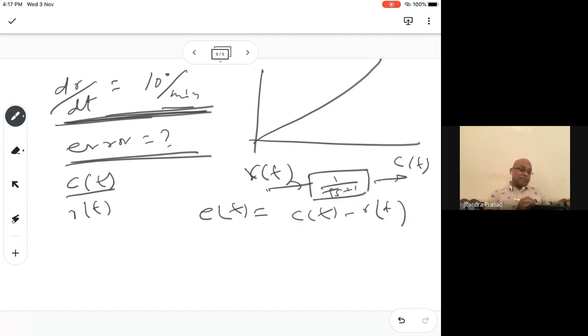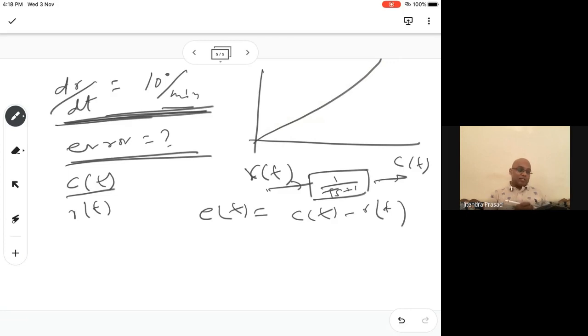We know in this case dr over dt is going like this, right? So we have dr over dt given there, and this is the ramp basically. So this is how the ramp is. So basically what is our input?